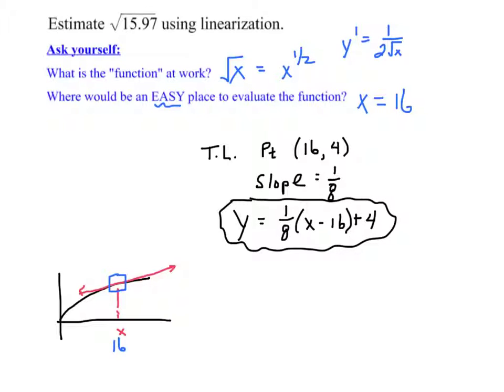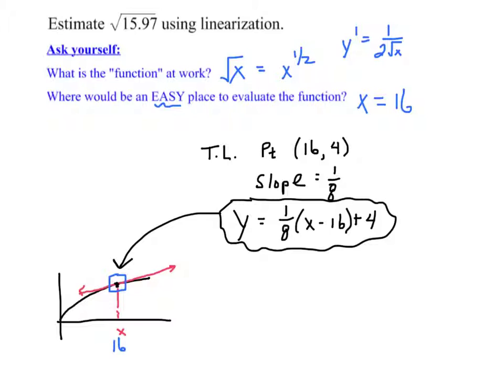Okay, so this is my tangent line. So again, what I have just done here is I've created this situation where I have a tangent line that mimics the square root function, for values really close to the point of tangency, and again, the point of tangency here is 16, 4. That's the point of tangency. For values very close to that, I should be able to estimate the square root function with the line because they're so similar.